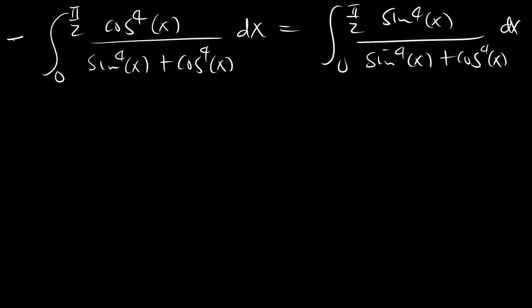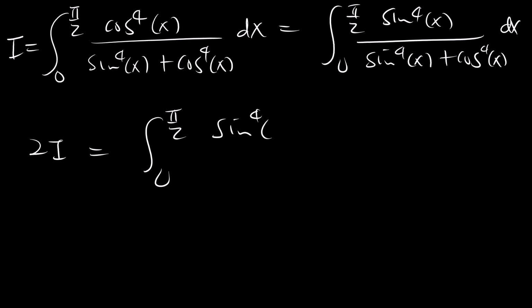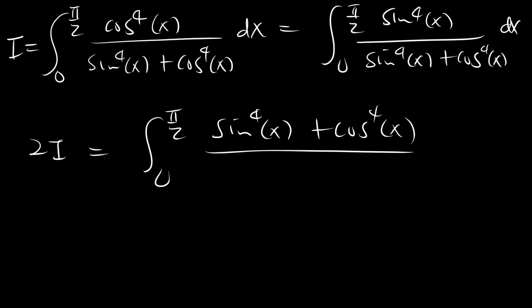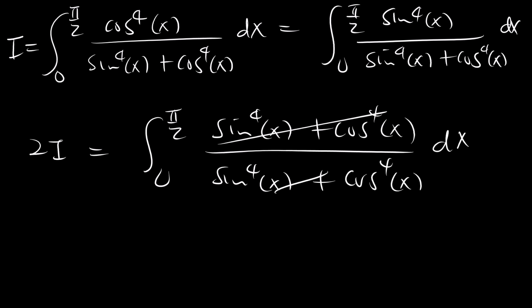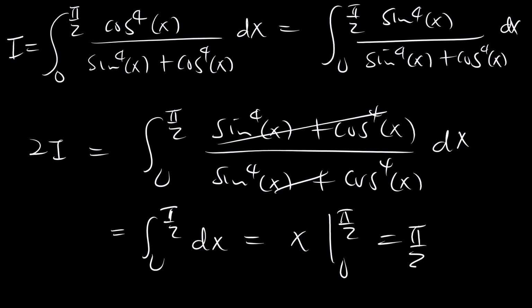And so if this equals I, it means that 2I is equal to the sum of the two integrals, which is the integral of sine to the fourth of x plus cosine to the fourth of x over sine to the fourth of x plus cosine to the fourth of x. And since the denominator is the same across the two integrands, this and this cancel, so this is the same as the integral from 0 to pi over 2 of 1, which is x from 0 to pi over 2, which is equal to pi over 2.